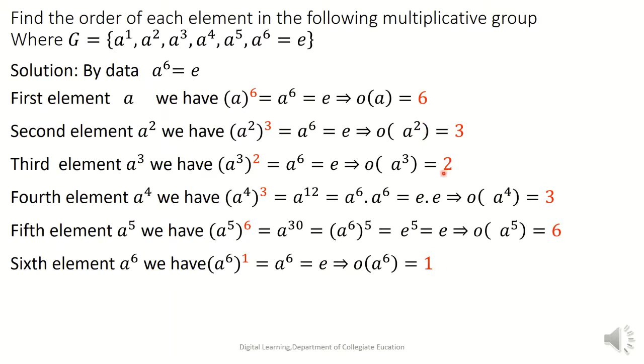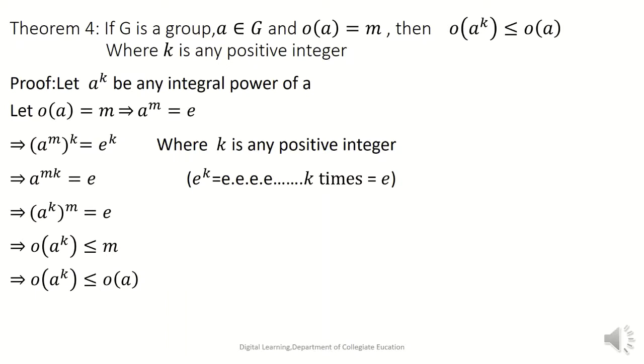So this is the meaning of this statement. That means a power of an element A of a group cannot exceed the order of A. That's all. Okay, now let's move on to the proof.